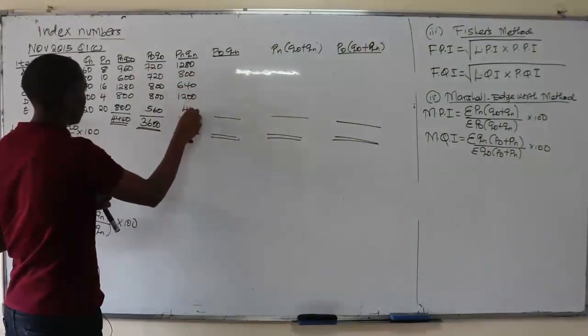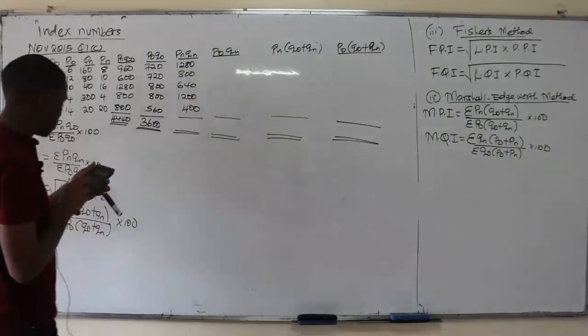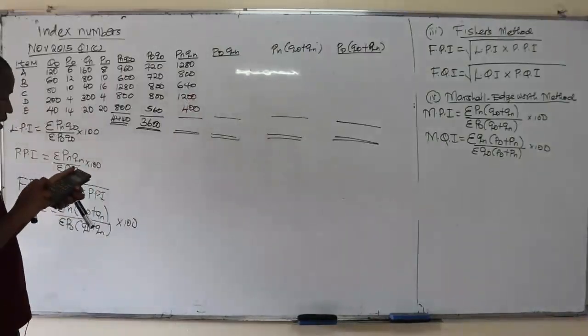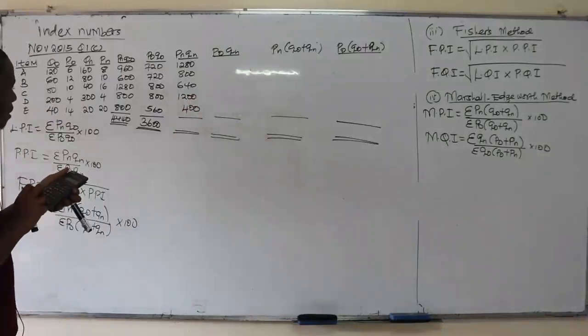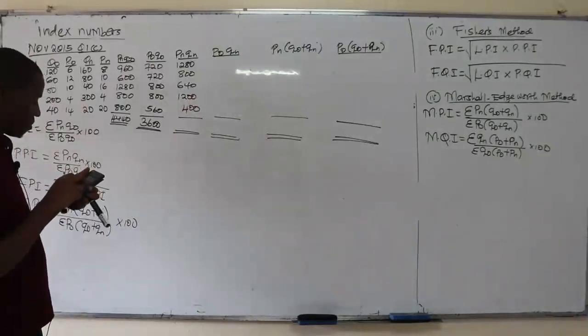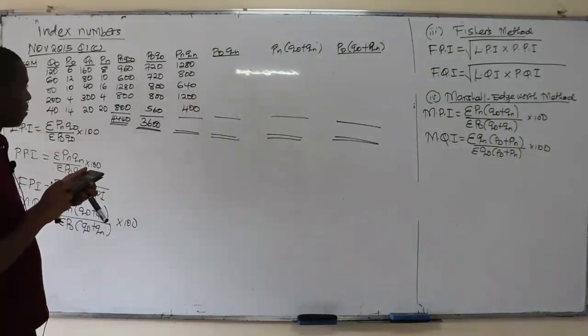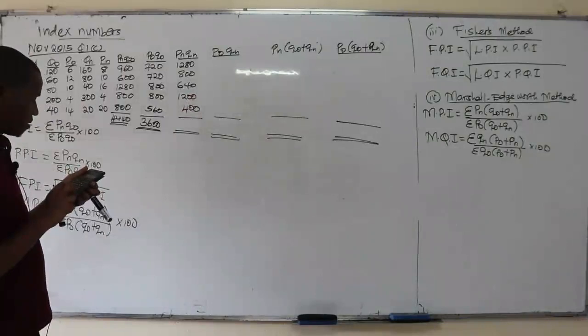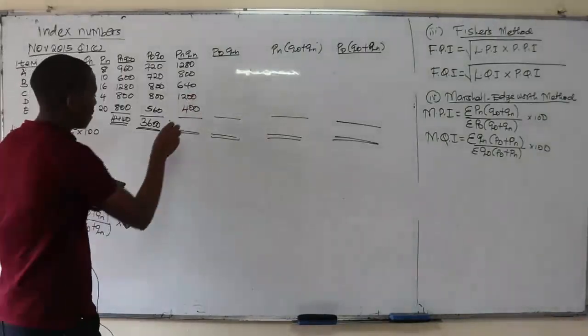This one is 400. So 1280 plus 800 plus 640, 1200 plus 400. In that case, what does it give you? 4320.